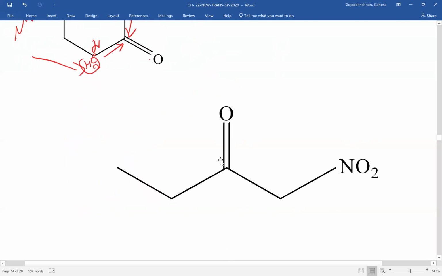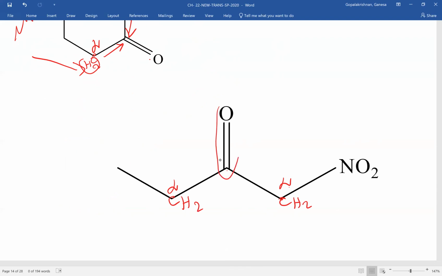In this example, this is an alpha carbon, and this is an alpha carbon. This alpha carbon is between a carbonyl group, which is an electron withdrawing group, and then another electron withdrawing group.